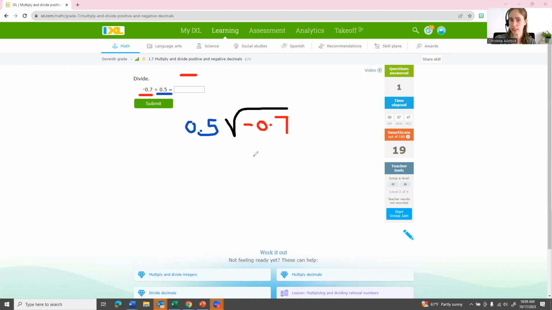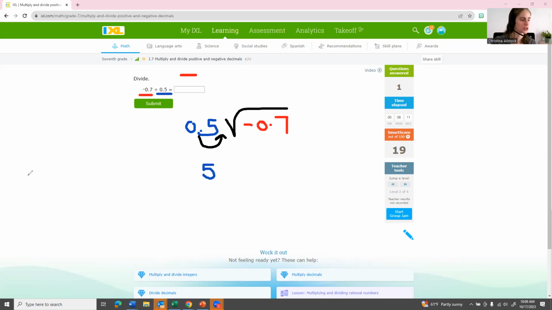All right, now we are set to divide. Oh, wait, but are we? Yeah, we got to do one little thing first, because what we're dividing by cannot be a decimal. So in order to turn this into a whole number, I need to move that decimal point up one place. So my 5/10 becomes a 5.